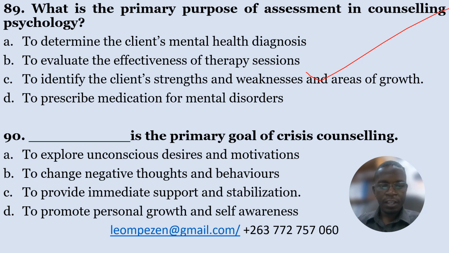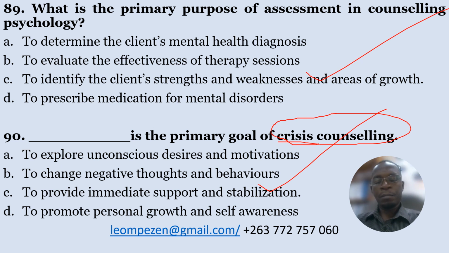The correct answer here is to provide immediate support and stabilization. Remember, when we are talking about crisis counseling, the client will be having a crisis, and the primary goal is for you to provide immediate support and stabilization. So the correct answer is C.